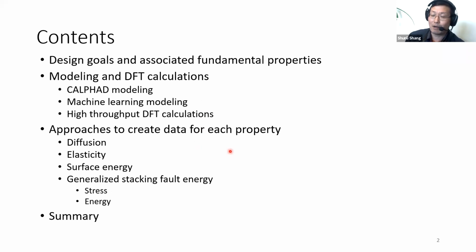And also talk about the fundamental properties relevant to our alloys. The major ones include the diffusion coefficients, elastic properties, surface energy, and the property from the generalized stacking fault energy curve, including stress and energy. Finally, the summary of today's talk.